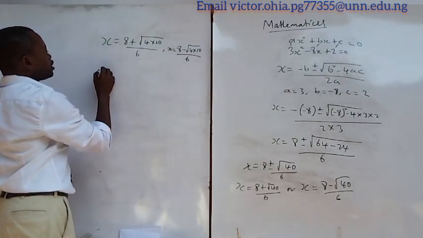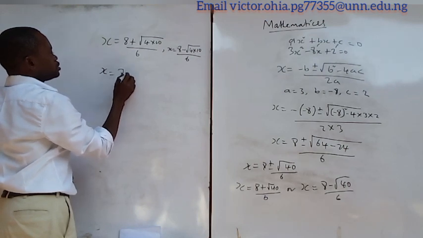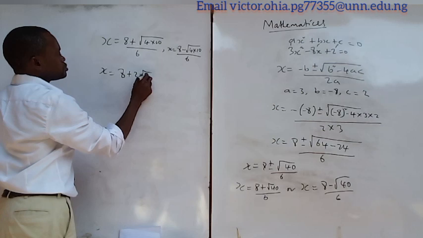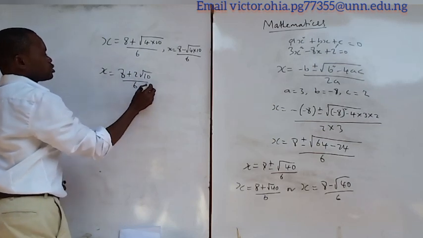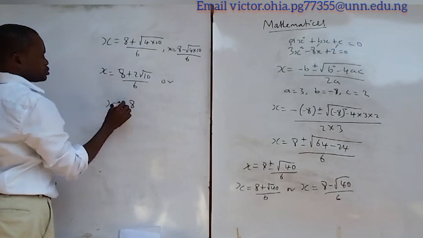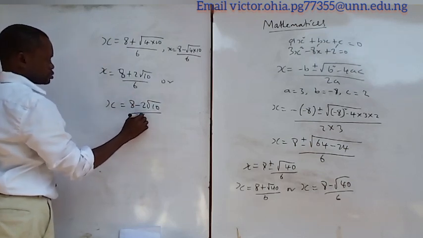So here I have x equals 8 plus 2 root 10 over 6, or x equals 8 minus 2 root 10 over 6.